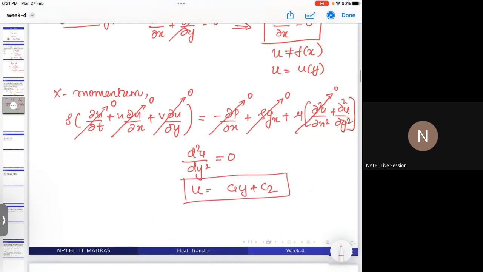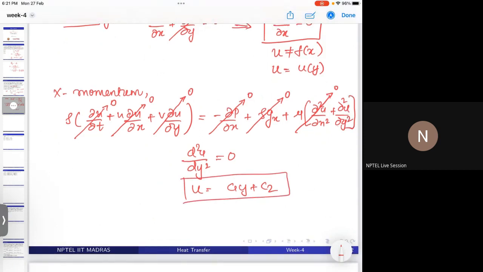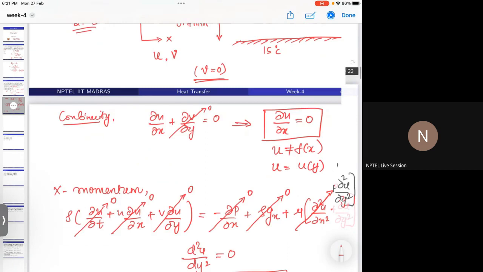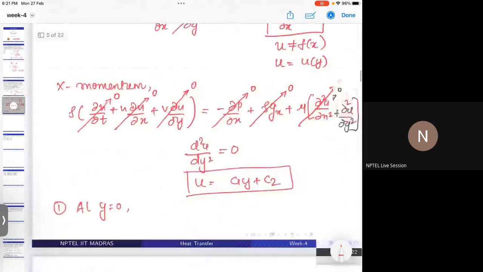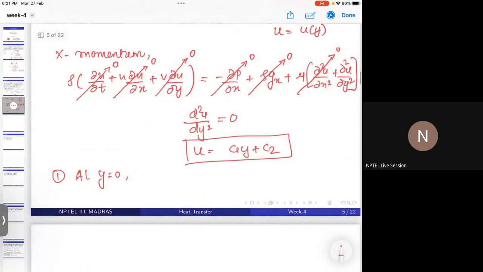Okay, so if you apply the boundary conditions at y is equal to 0, I'm taking this as the xy plane. At y is equal to 0, that is u at y is equal to 0.